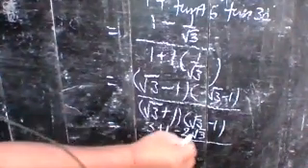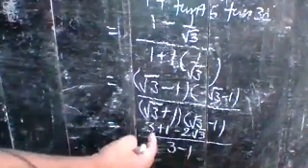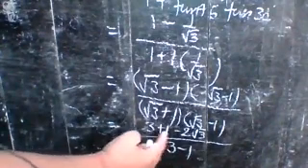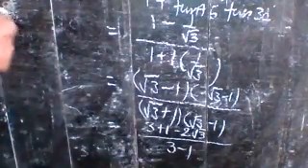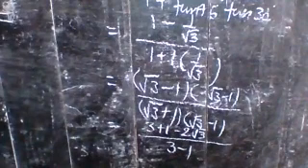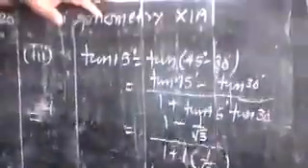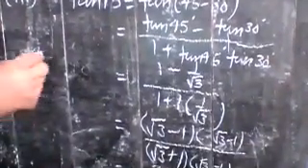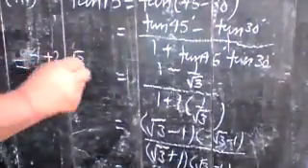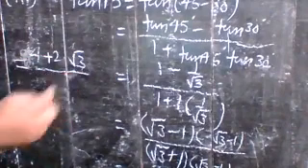So in this way, just see here: 4 minus 2 root 3 divided by 2.